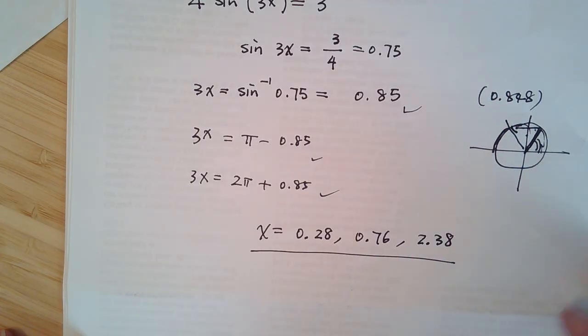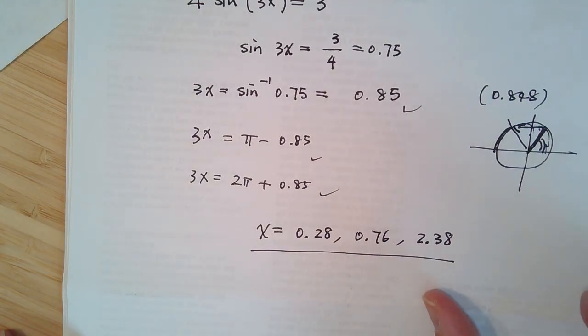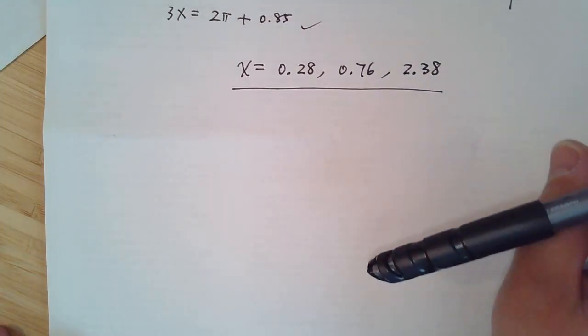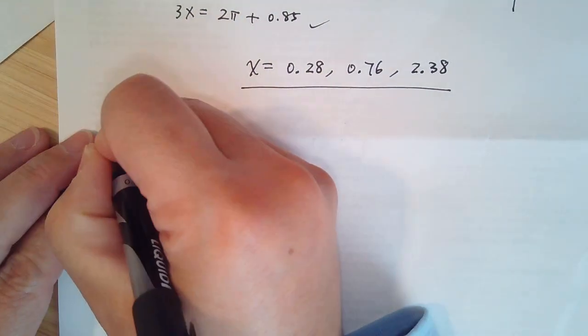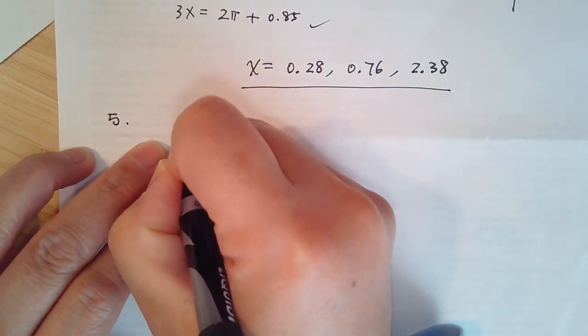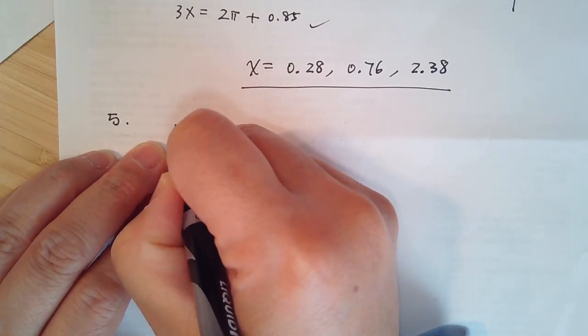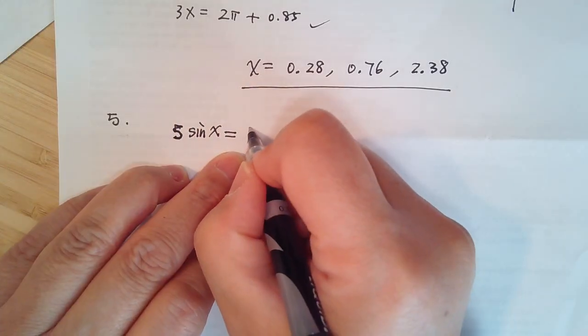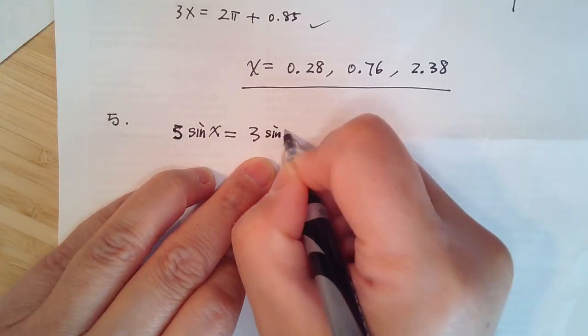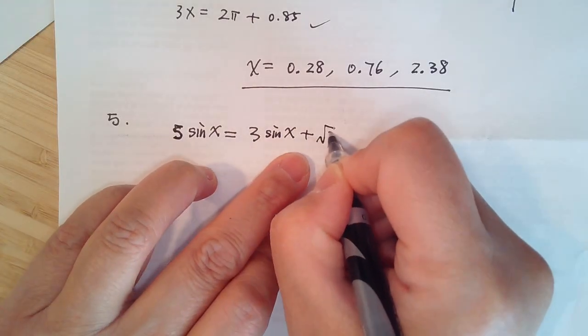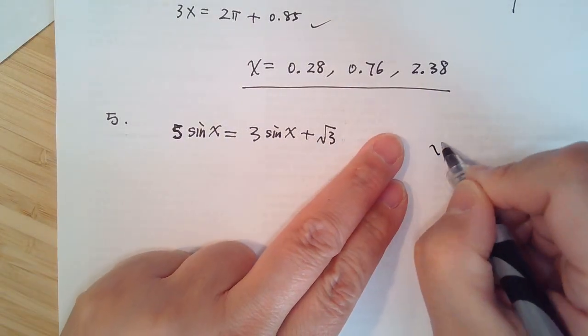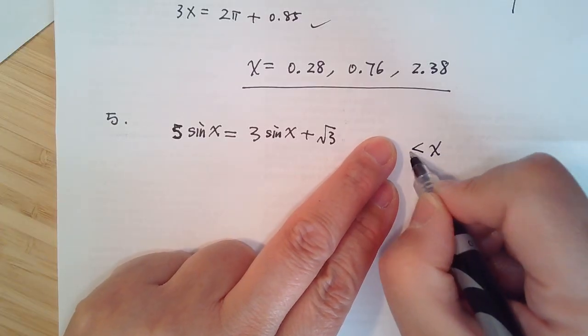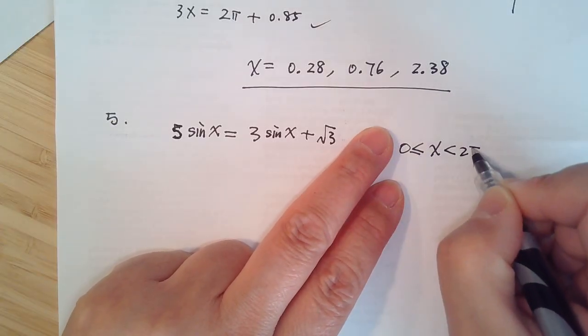Okay. Shall we continue? All right, so let me continue to solve. 5 sine x equals 3 sine x plus root 3. Again, I want all my x between 0 and 2 pi.